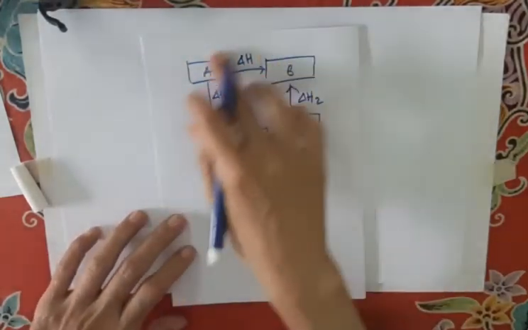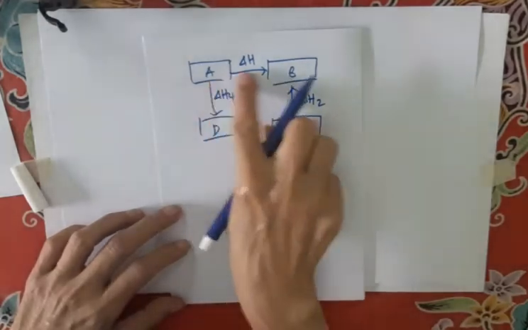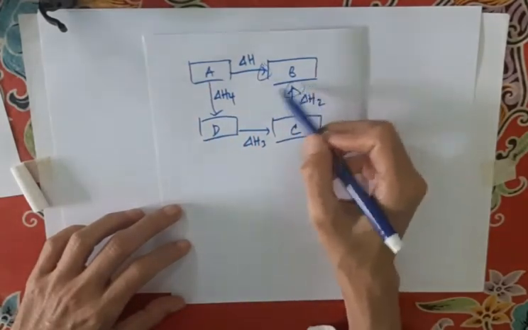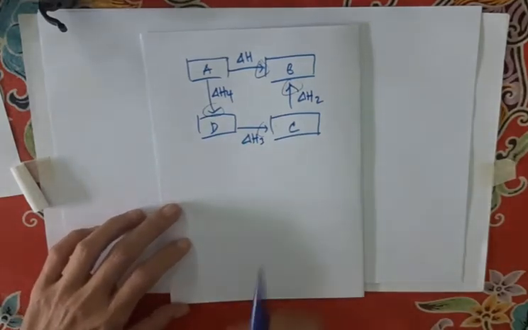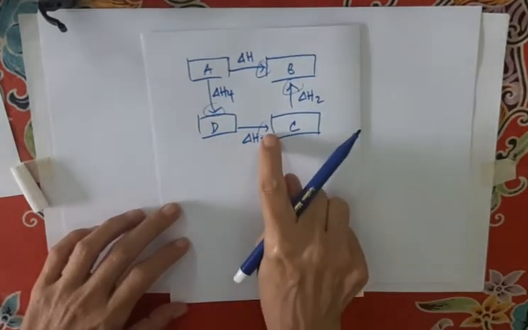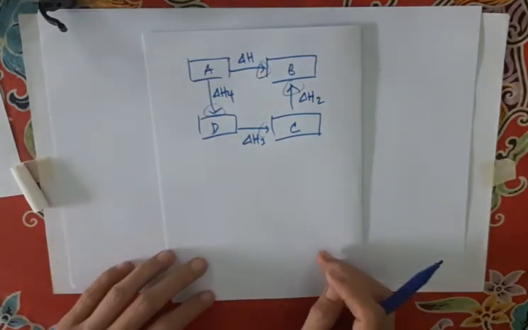So we can convert this diagram analogously to the previous diagram. Look at the edges of the arrows.